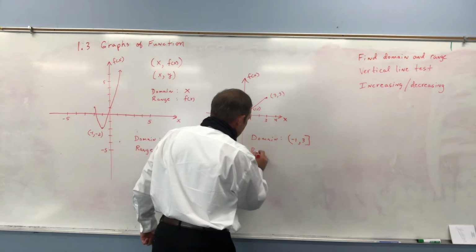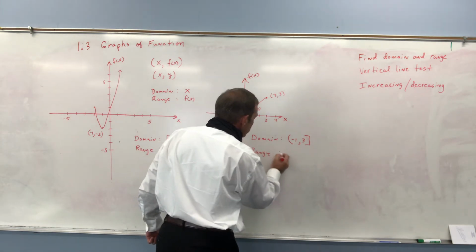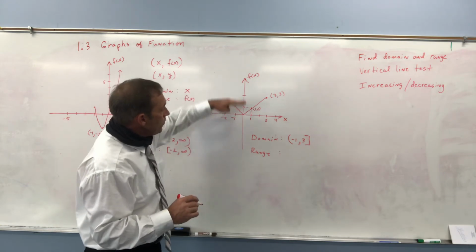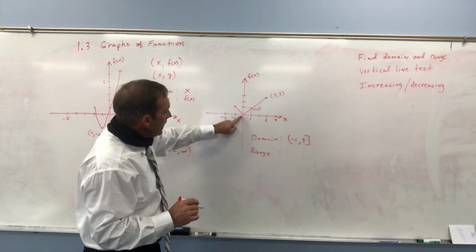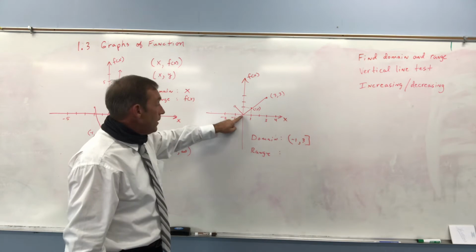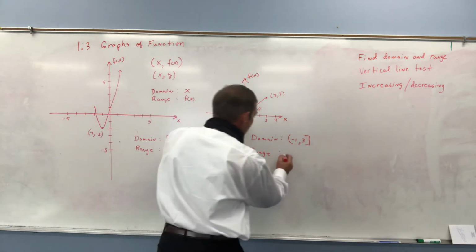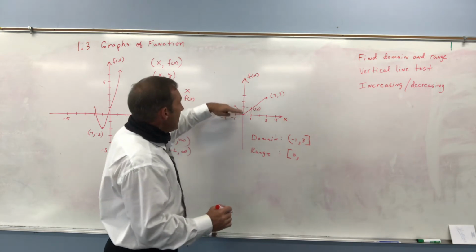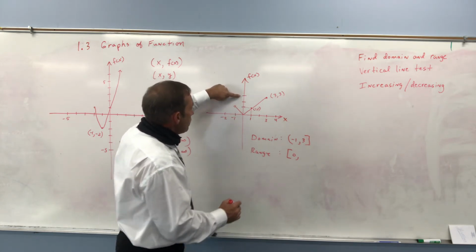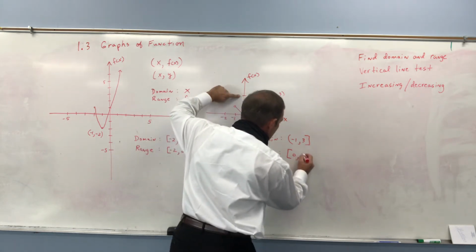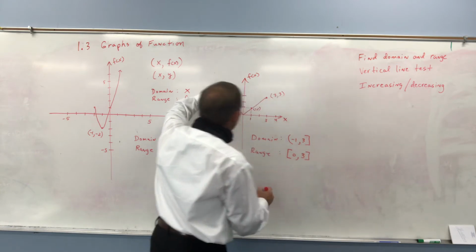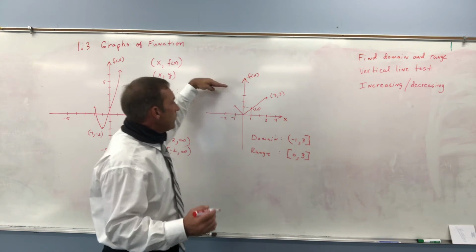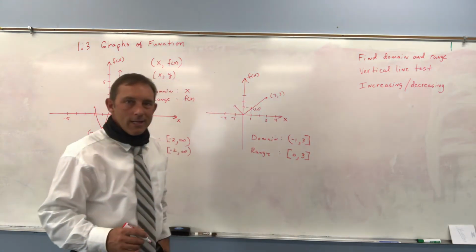What about the range? Well, let's see. Looks like in terms of the y-axis, it gets as low as 0. And it gets as high as 3. There's no y value. In other words, if we were to draw a horizontal line up here at, say, 4, you're not going to hit that graph.